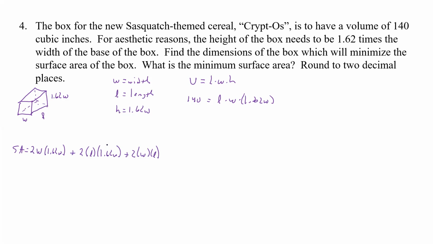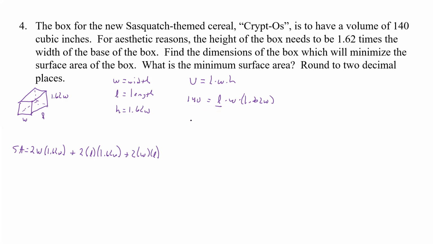Now, what do we want to do? Well, we have L's in two different places, so that's going to be hard to do. But we have L in one place here in terms of W, and so we could get rid of all the L's here and have this in terms of W only.